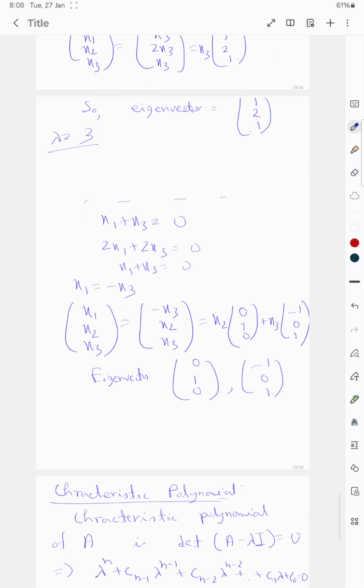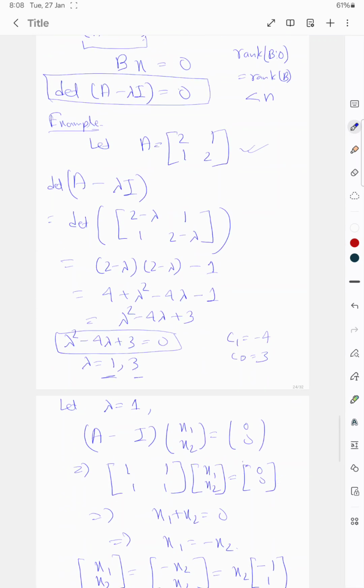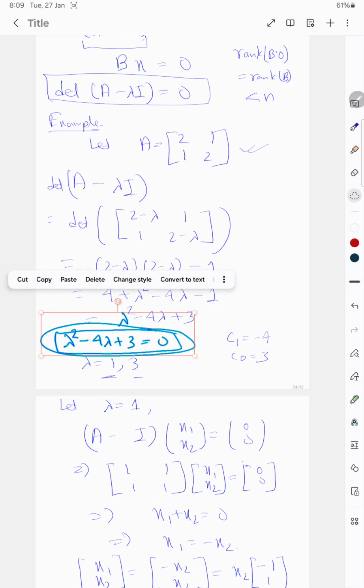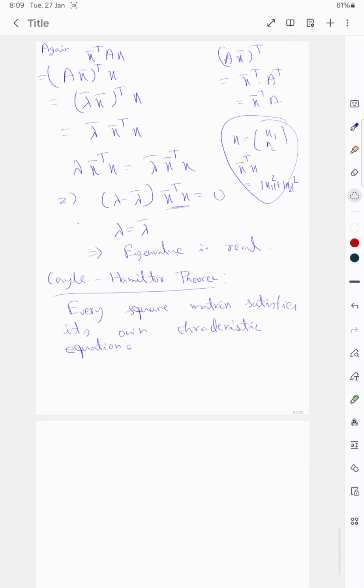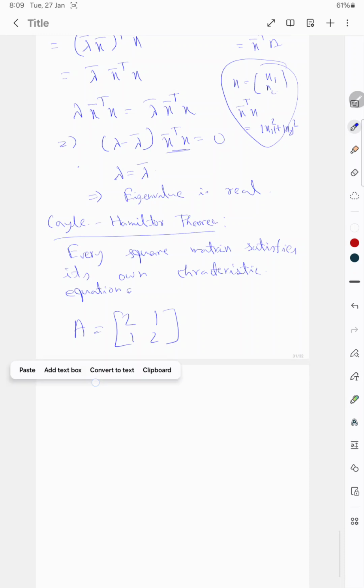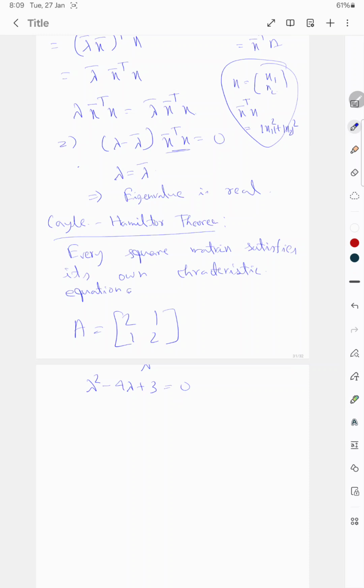For this one you have found the characteristic equation. Now what the Cayley Hamilton theorem says is that the matrix itself satisfies this one.